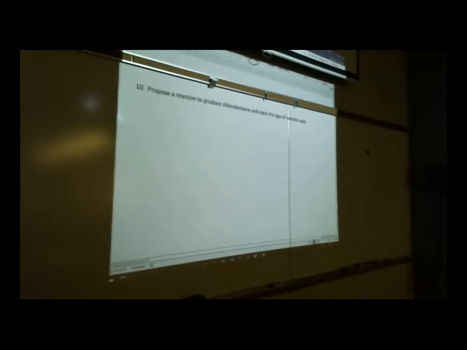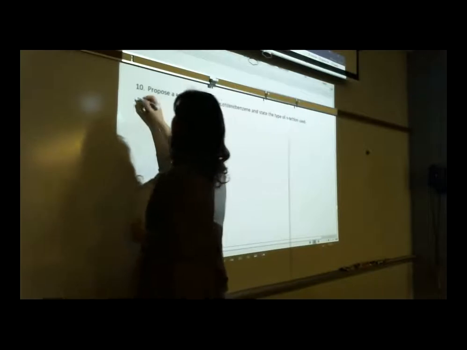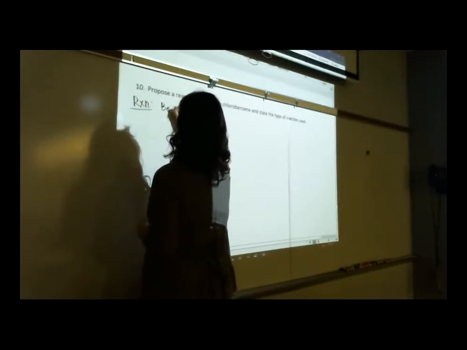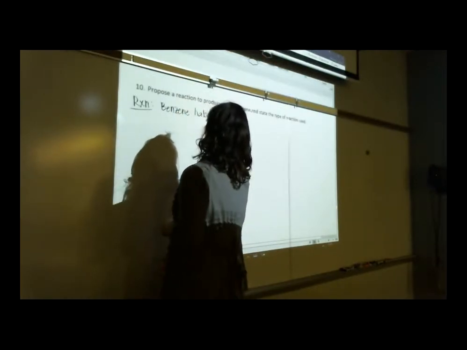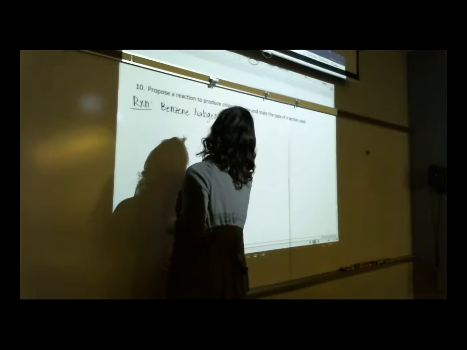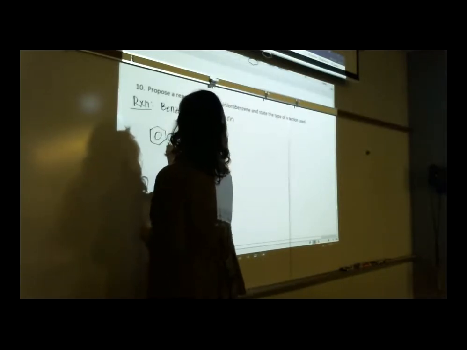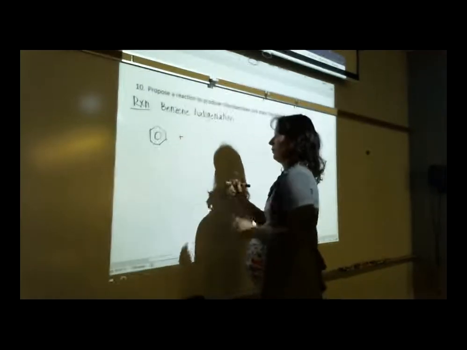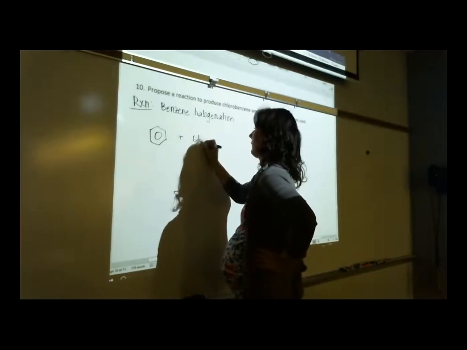Chlorobenzene. We talked about this one pretty recently. How do you make chlorobenzene? There's only one reaction we talked about. Benzene halogenation. Right. So you take your benzene, and what do you react it with? You do Cl2, right?